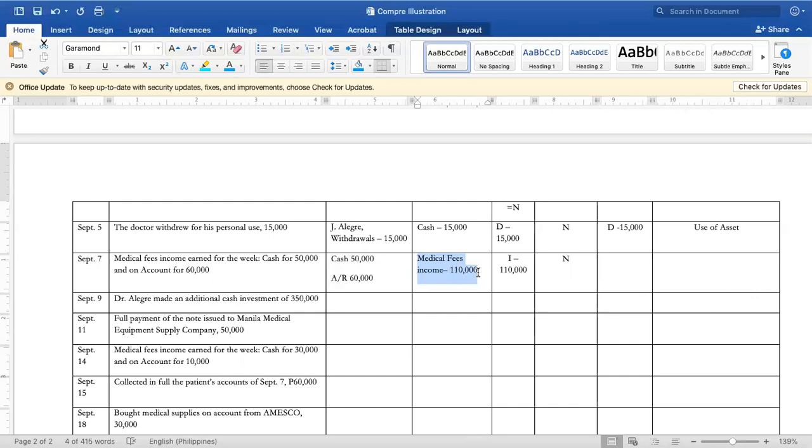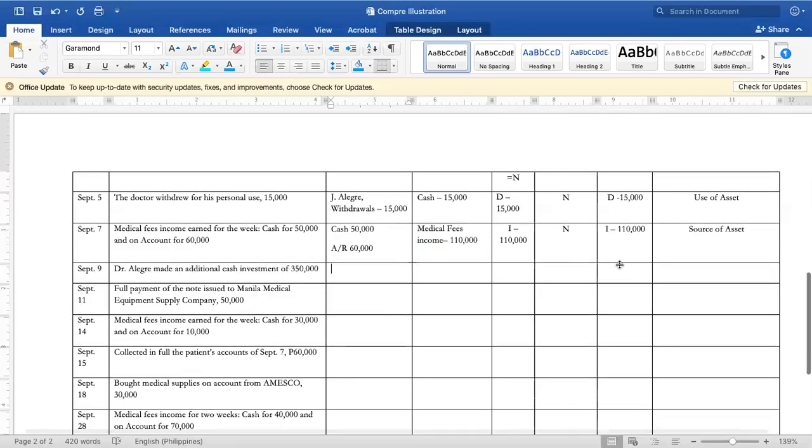So every time you credit, it will increase the balance. But at the same time, it will also increase the balance of your owner's equity because the normal balance of owner's equity is credit. So it will also increase your owner's equity by 110,000. Question, what type of transaction? Increase in asset, increase in owner's equity. That is a source of asset type of transaction.